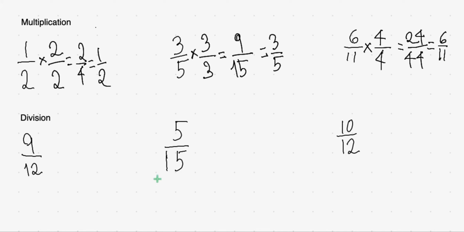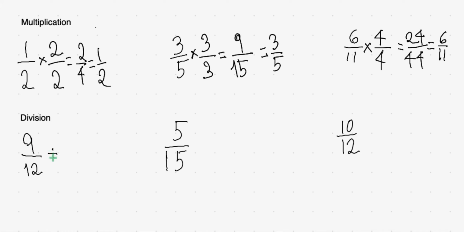Now, let's move on to division. We have this number 9 over 12, and we want to write an equivalent fraction. We could multiply it like we did before, but let's try dividing it. We have 9 and 12, and I think we could divide both the numerator and the denominator by 3.